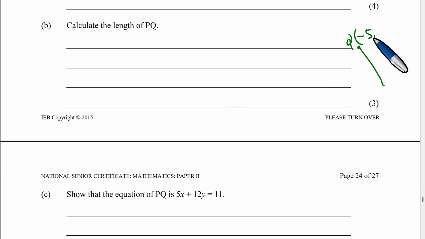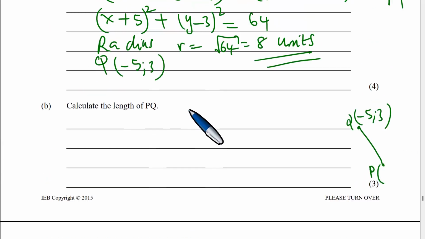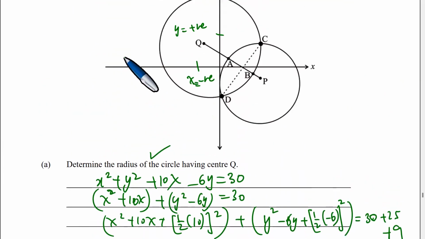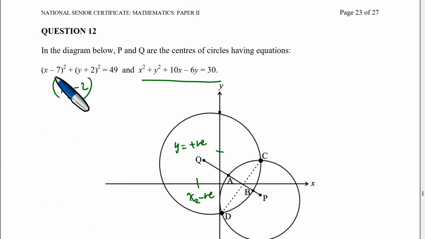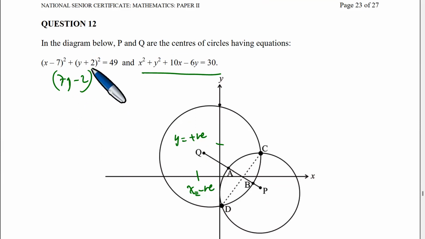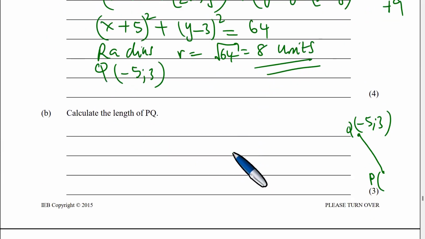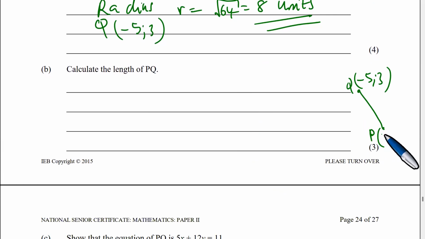We have already seen -5 and 3, and we have the coordinates of P, which are what? P is the other one, with the coordinates 7 and -2.